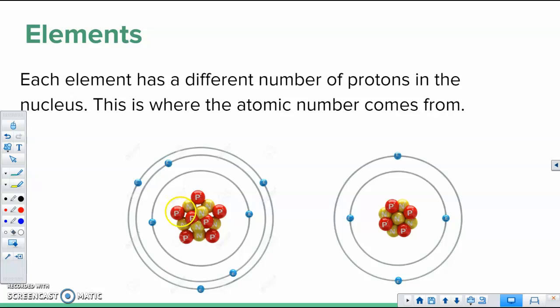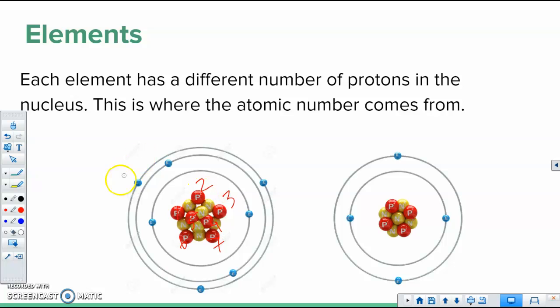So for instance, on this picture that we see here, I'm just going to count the number of protons. We have 1, 2, 3, 4, 5, 6, 7. So if I have a periodic table handy, I can just check that, and I see that number 7 on the periodic table happens to be nitrogen.